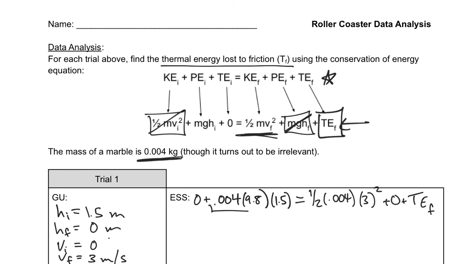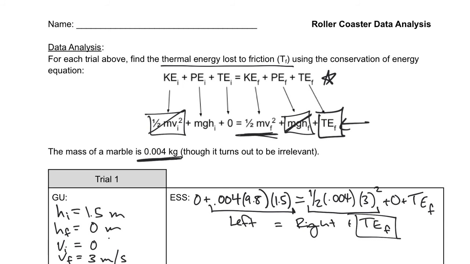So you'll calculate this number over here on the left and this one over here on the right, and you're going to have to subtract those. So I'm just going to write this as left. I'm not using a real number. Equals right plus thermal energy final. To get your thermal energy final, you're going to have to subtract that right number from both sides to get the answer.